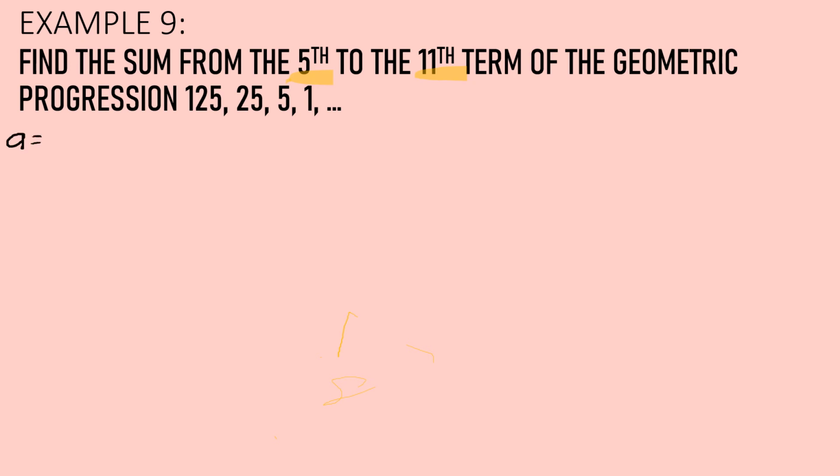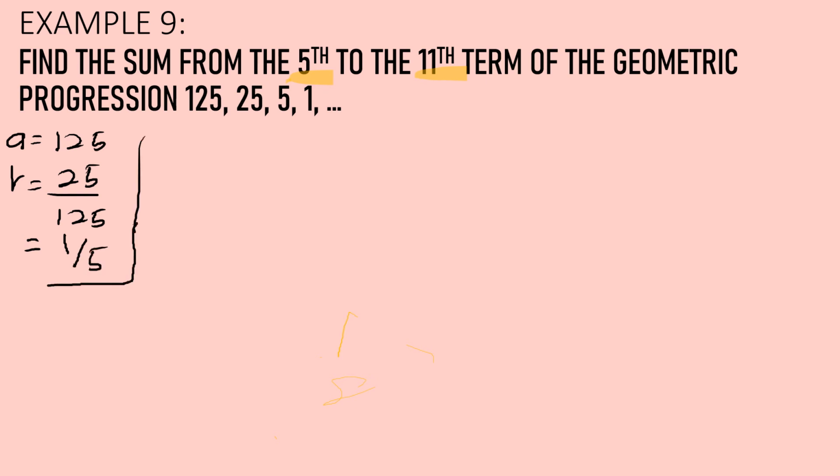So A is 125, R is 25 over 125, which equals 1 over 5. So S11 minus S4.